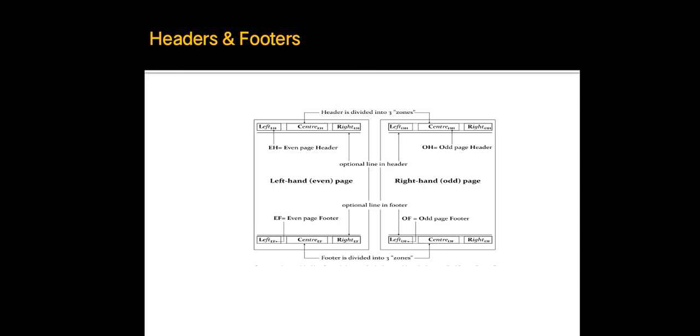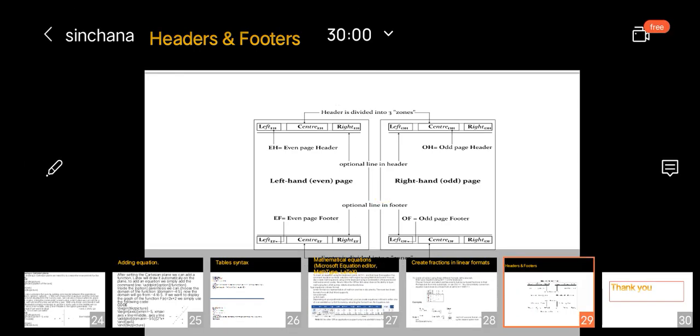In header, first we know the left EH means even page header. Next we move on to the center EH, even page header center. Next even page header right, and an optional line in header.